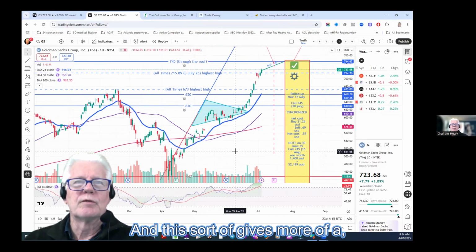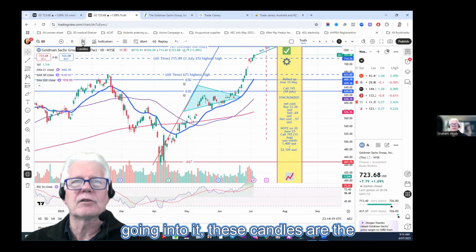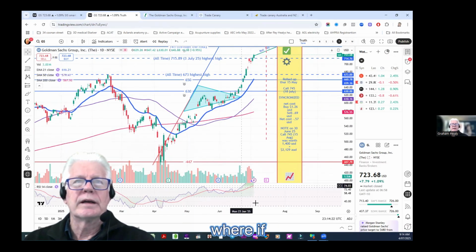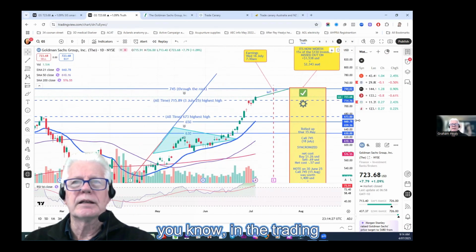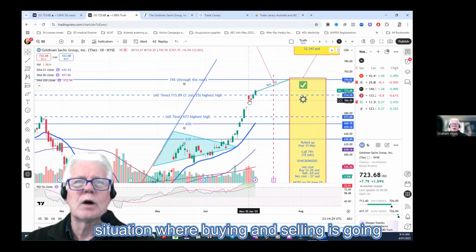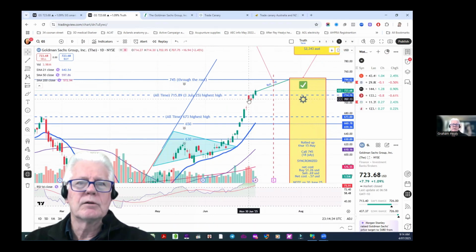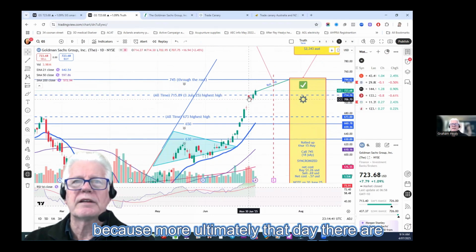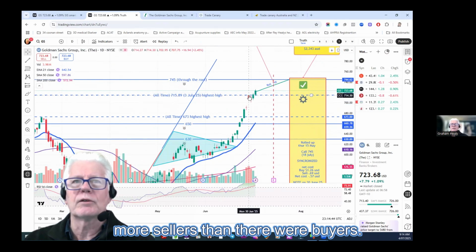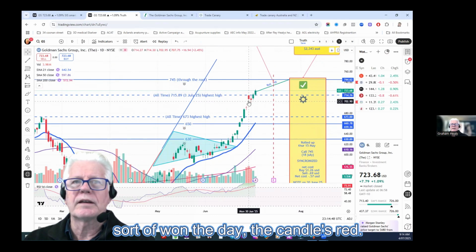The difference basically, without going into it, is that these candles are the ordinary candles, where in the trading situation where buying and selling is going on, for instance, we'll give this example here on the 30th of June, the sellers won. The candle's red because ultimately that day, there were more sellers than there were buyers. So the sellers selling off sort of won the day, the candle's red.